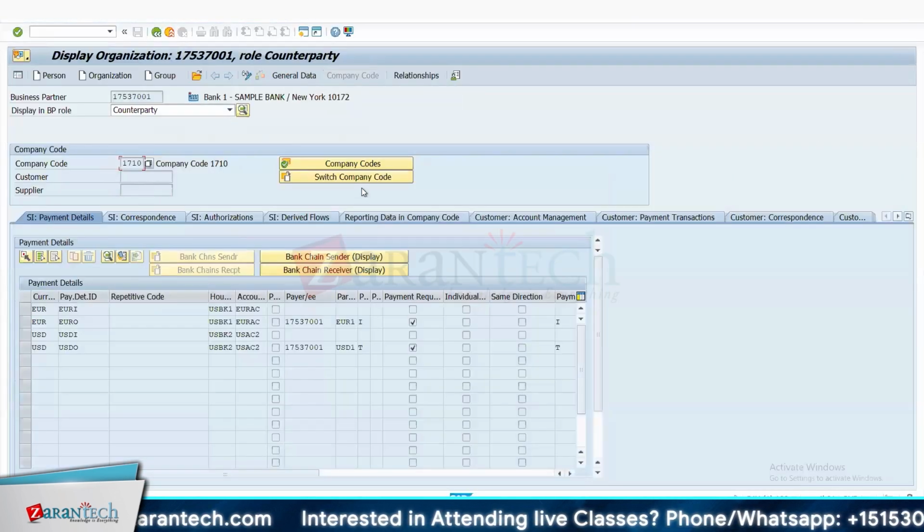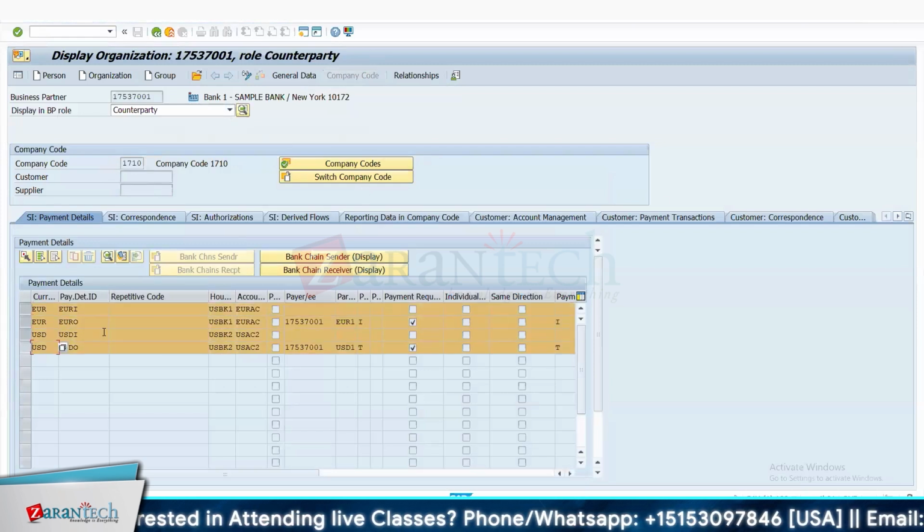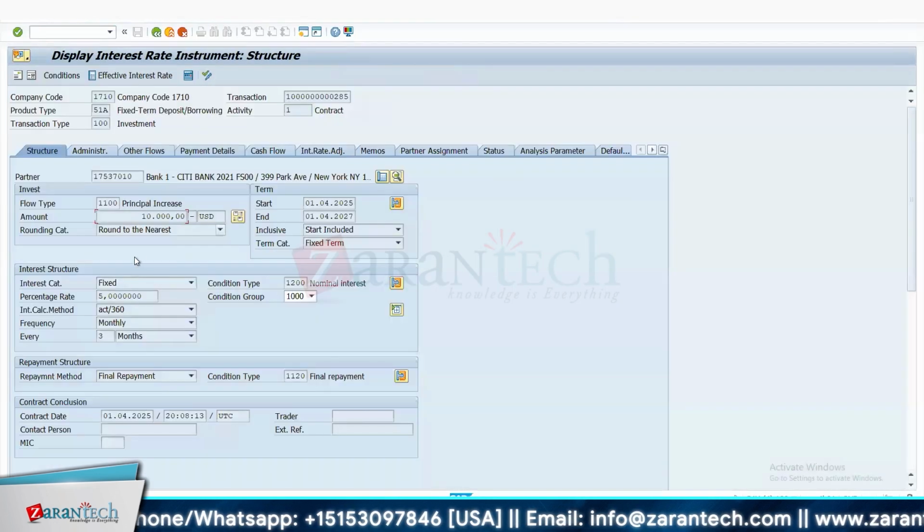This is how a business partner looks in SAP, and this is quite important to understand. Whenever you create any deal, for people familiar with SAP, you have something like an asset master.